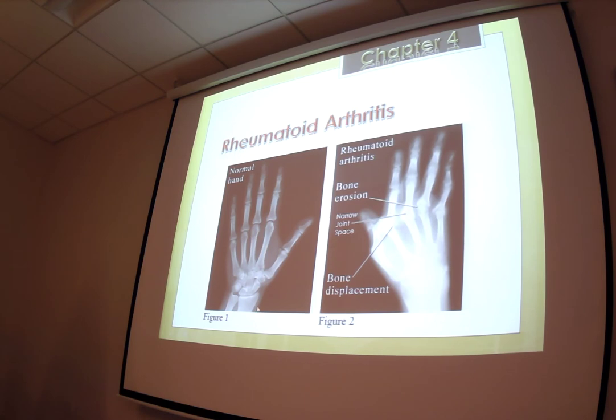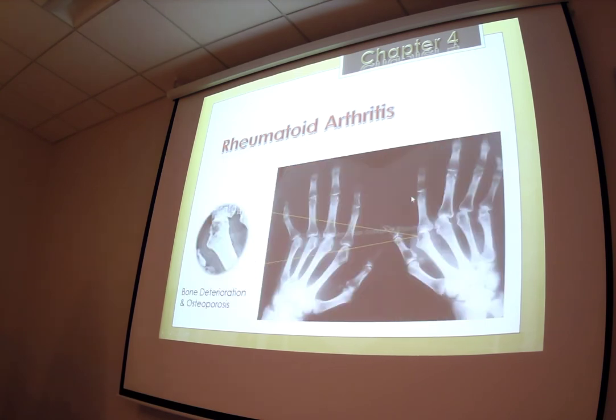So side by side, normal hand with rheumatoid arthritis, you can see the bone erosion, narrowing of the joint spaces, bone displacement. And here you can see the deterioration of the bone, as well as osteoporosis in the bone, and all that displacement as well.